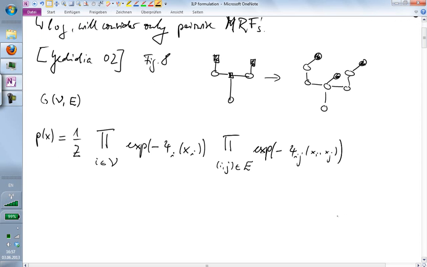And if I take the log of this, or if I'm interested in the MAP solution, so the solution X which maximizes this, then I don't need the partition function, which is very helpful. And I can say that I want to minimize over the following sum.